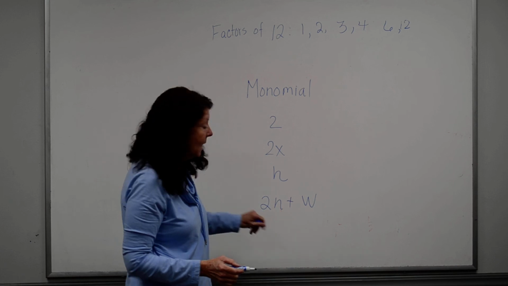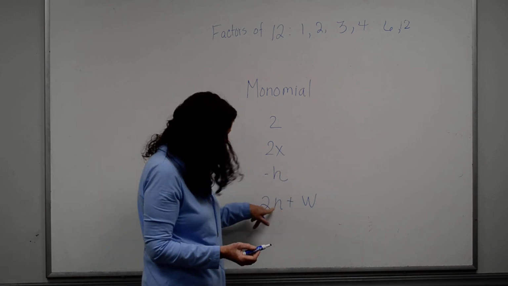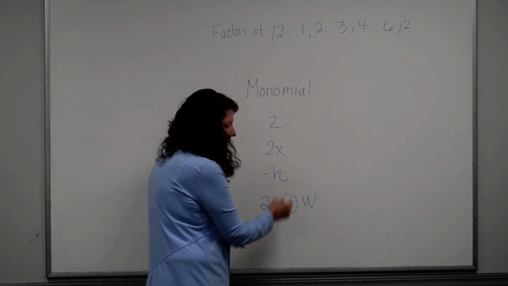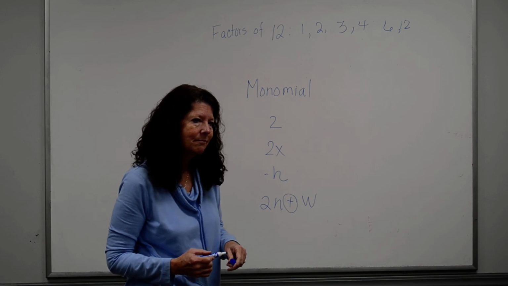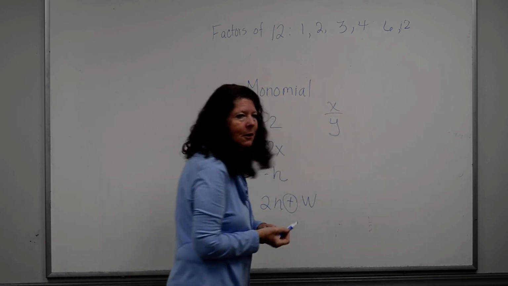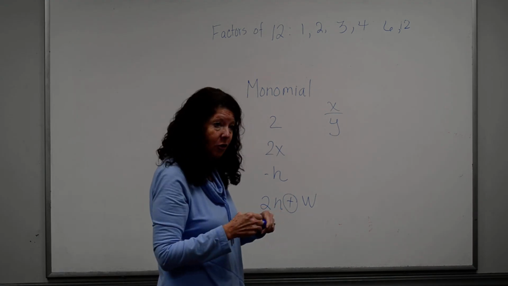Now I can have a negative, so I can have like a negative h, but I can't have 2 of these that are combined together with either a plus or a minus. This, believe it or not, is a monomial because there's no plus or minuses in there. So that's the one thing that you're looking for.